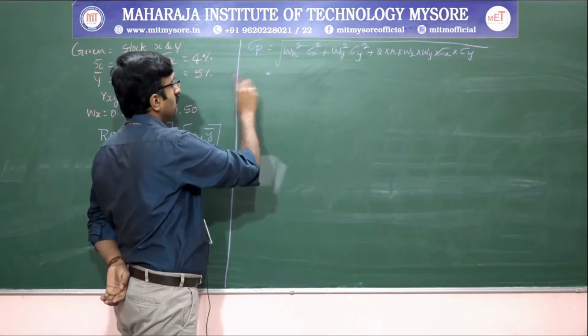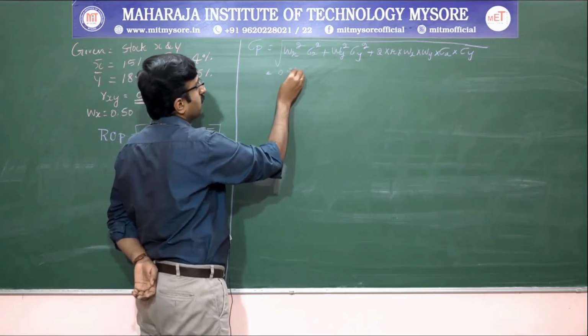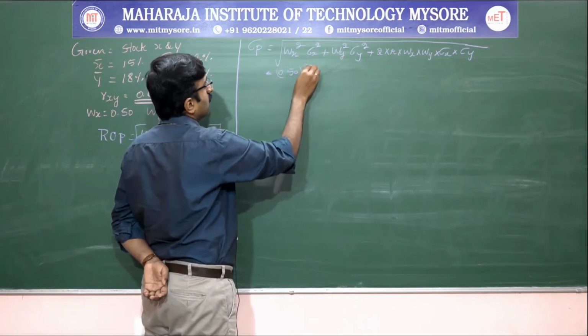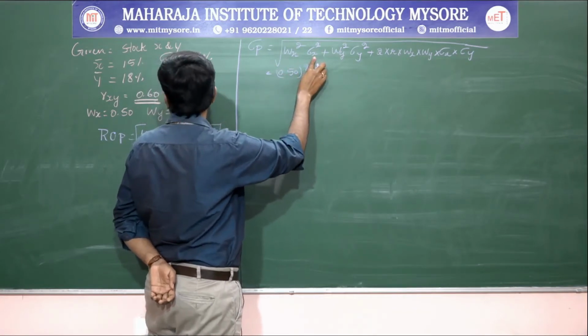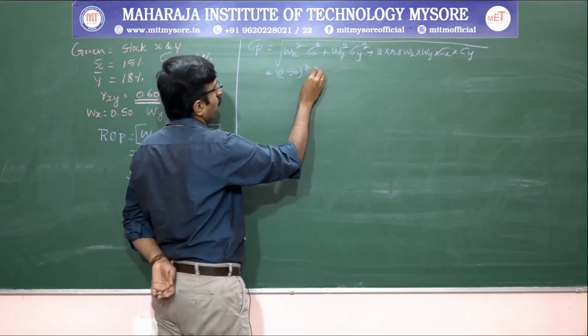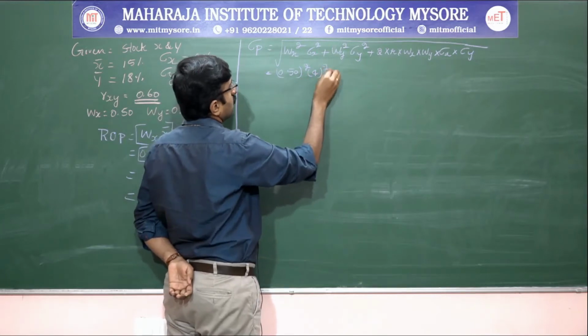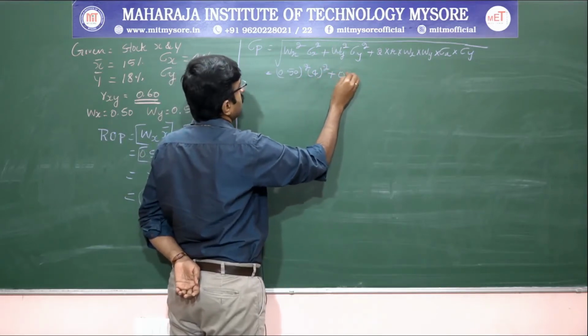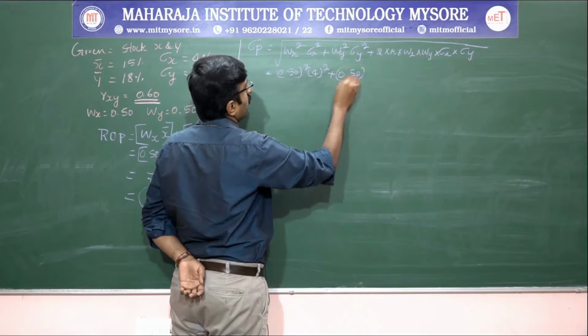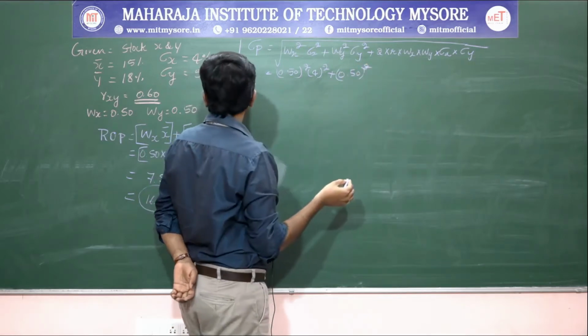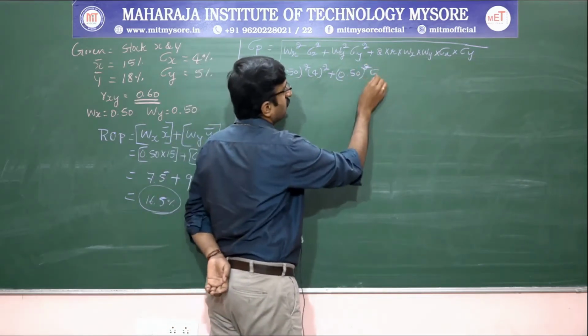Weight x square, that is 0.50 square. Standard deviation x, how much? Standard deviation x is 4, whole square, plus y 0.50 square. Standard deviation y is 5.